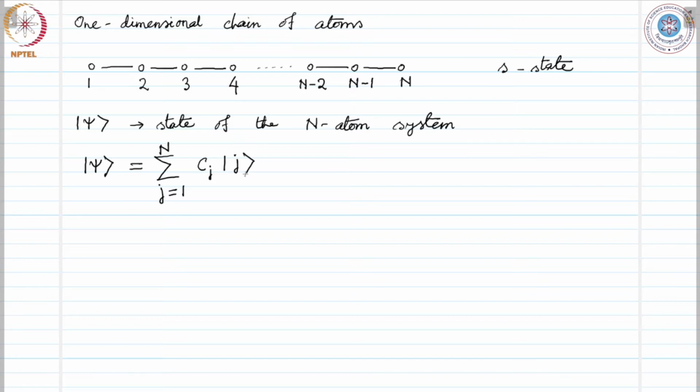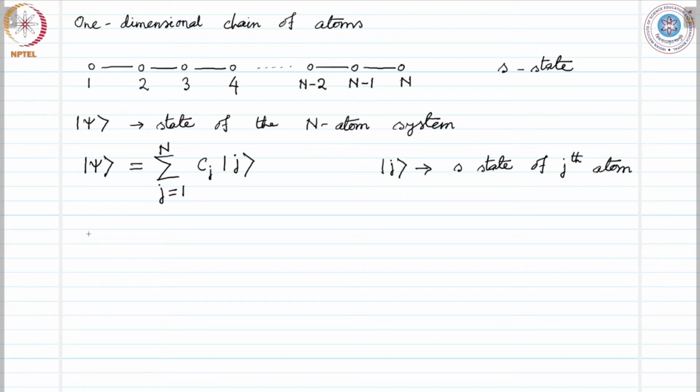So this ket vector j is the S state of the jth atom. Now our task is to find the coefficients Cj. If we can find these coefficients, then we will be able to find out the state and the energy eigenvalue corresponding to the state psi.